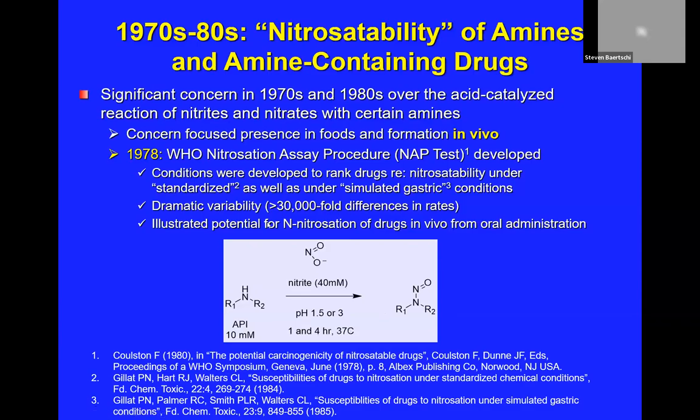What it illustrated was dramatic variability in the potential nitrosatability of drugs, with greater than 30,000-fold differences in rates for different nitrogen-containing drugs on the market. But it did illustrate the high potential for N-nitrosation of drugs in the stomach from oral administration.